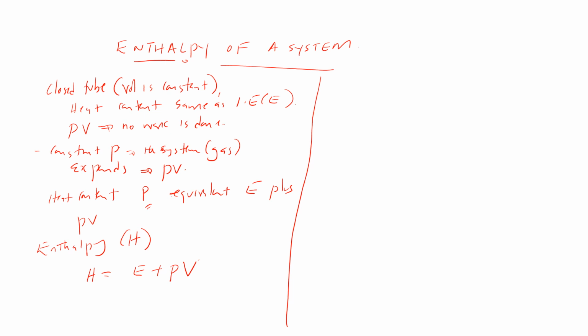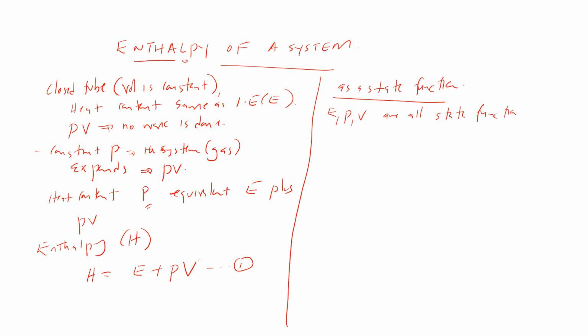So let's look at enthalpy as a state function. So this is our equation 1. So in equation 1 above, the E, P, and V are all state functions. And I believe we know what a state function is.